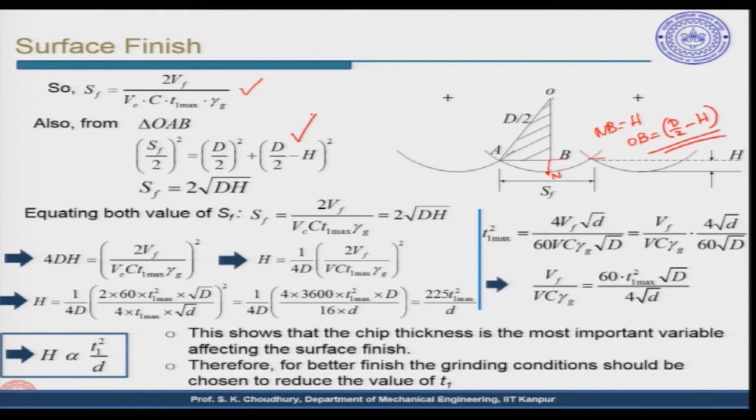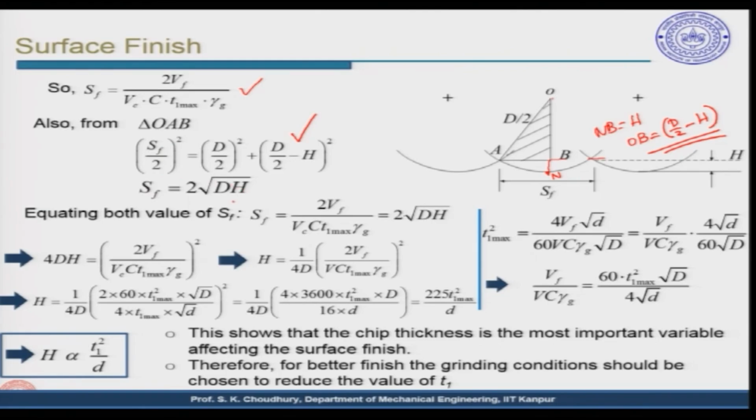So, we write that D by 2 square plus this square is equal to AB square. From here we can find out Sf.